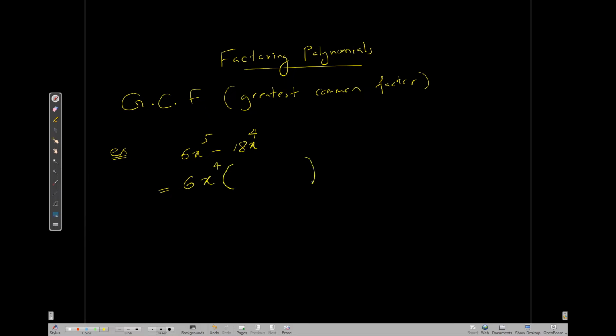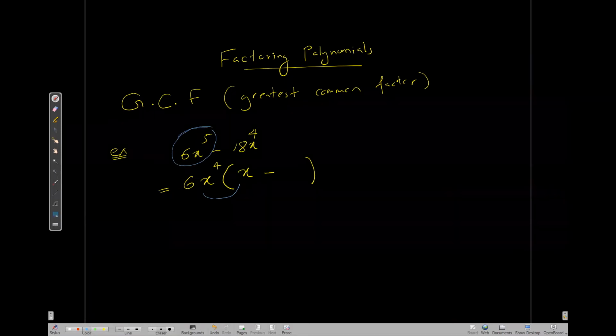Put a parenthesis here, minus. When I pull 6x to the 4th out, I must have x. See, one way is you can always multiply these two and check whether that's this entity. Similarly, the next one, I need 3 to make 18, and I've already pulled every possible x power out, so that's it.